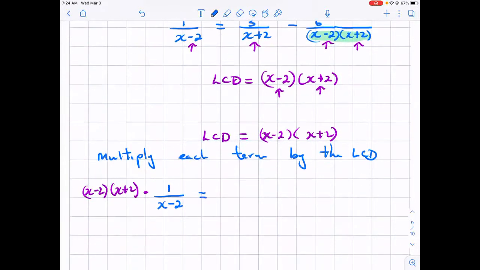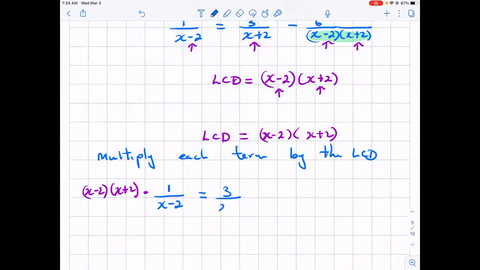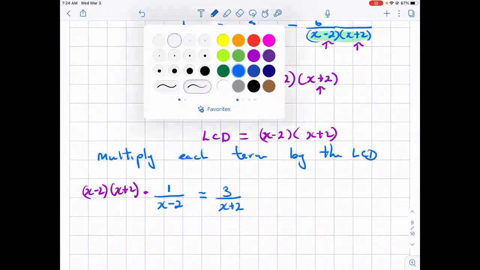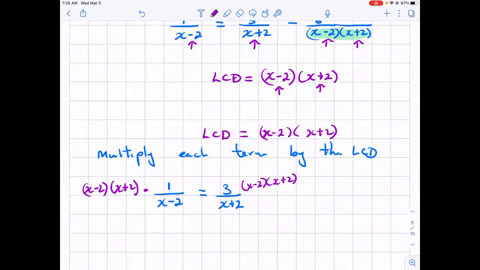And that is equal to, we multiply that, which is 3 over x plus 2. We're going to multiply that by our common denominator, which happens to be x minus 2 times x plus 2. Minus, okay, minus 6 over x minus 2 times x plus 2. But don't forget, we also have to multiply that by x minus 2 times x plus 2.